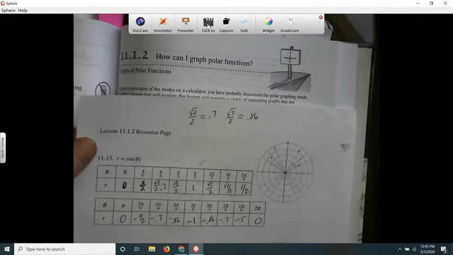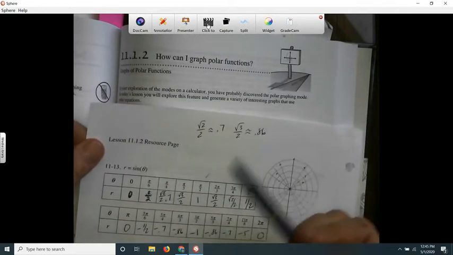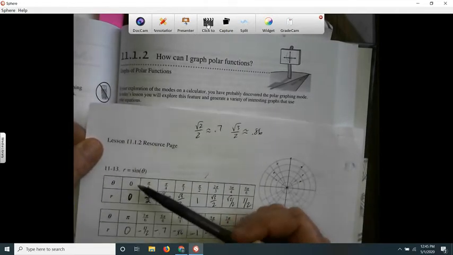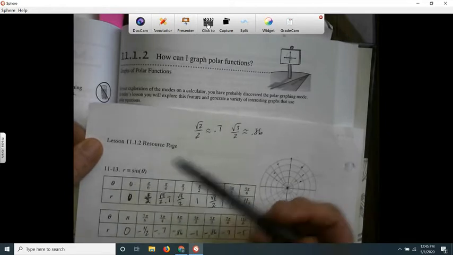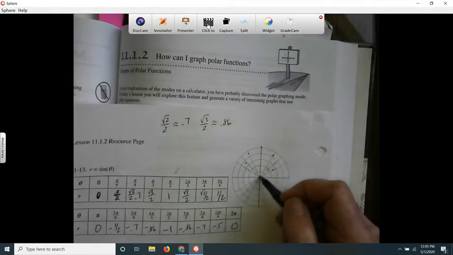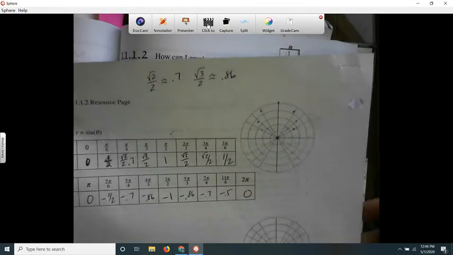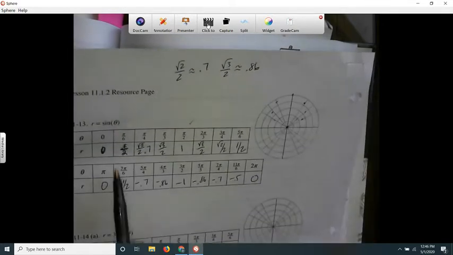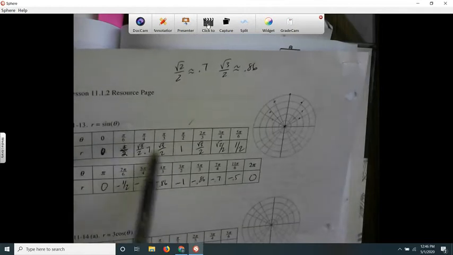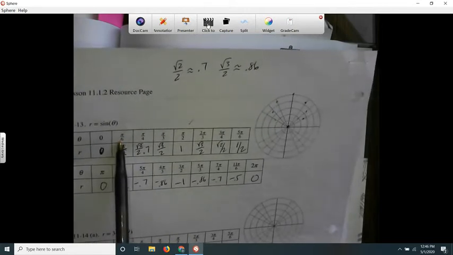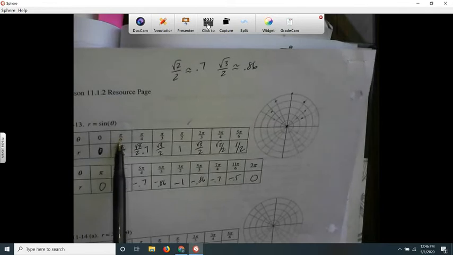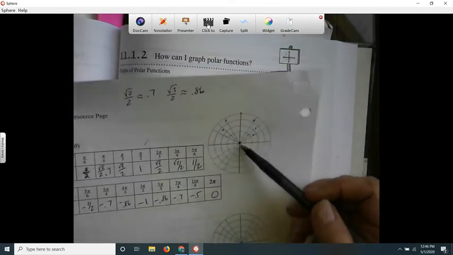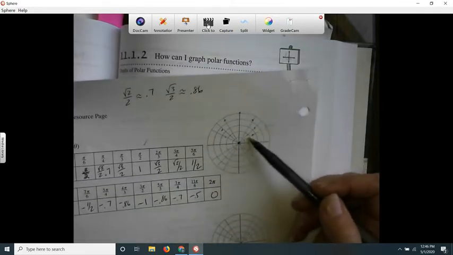So then I'm just going to plot the ordered pairs. So a radius of 0 and a direction of 0 would just be right here. And then a radius of a half, there was actually a typo in this sheet, and an angle of pi over 6. This is that special paper. It just opens the angle up at pi over 6.